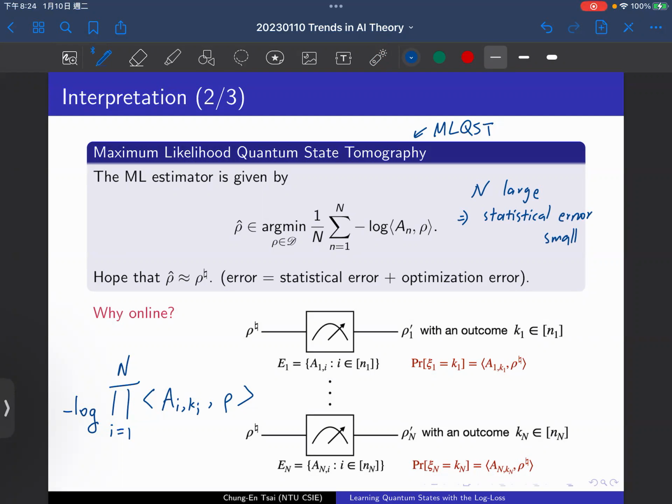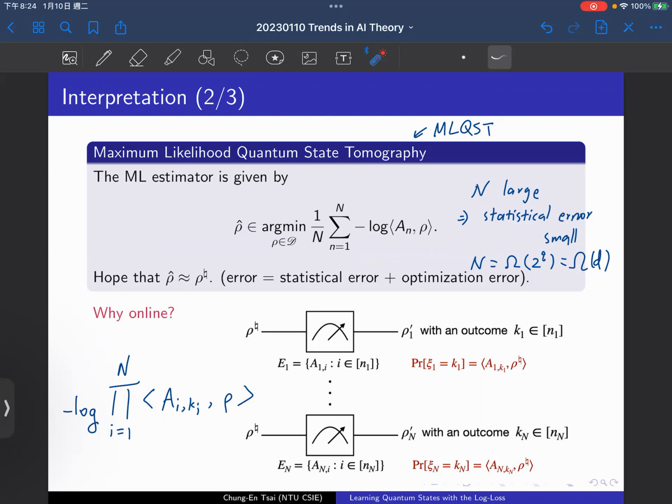However, it was proved that to make your statistical error small enough, n needs to be as large as big omega of 2 to the q, where q is the number of qubits in your quantum device, so this is omega of d. This means that in real-world applications, the sample size capital N will be very, very large, since it grows exponentially with how many qubits your quantum device has.